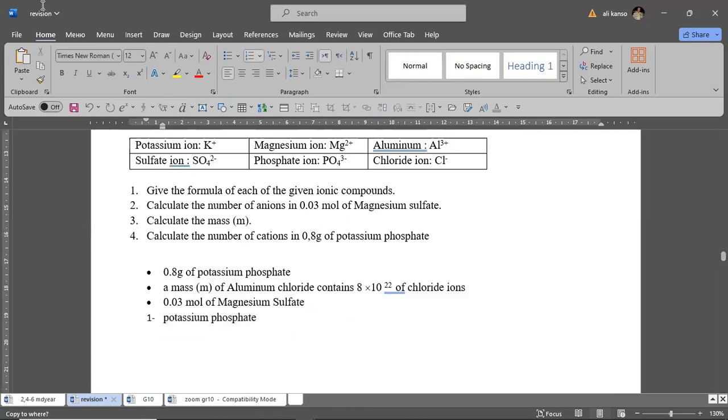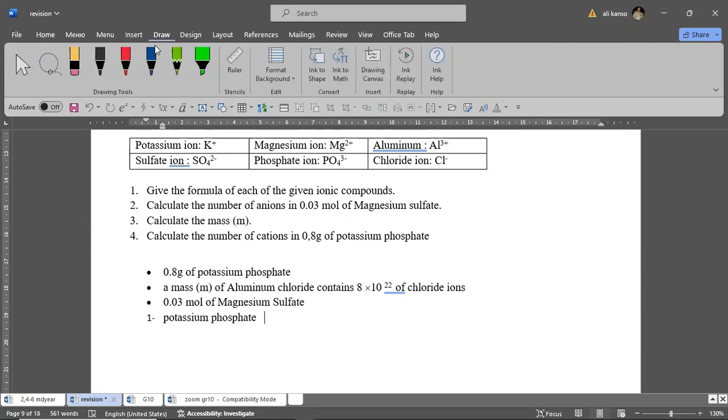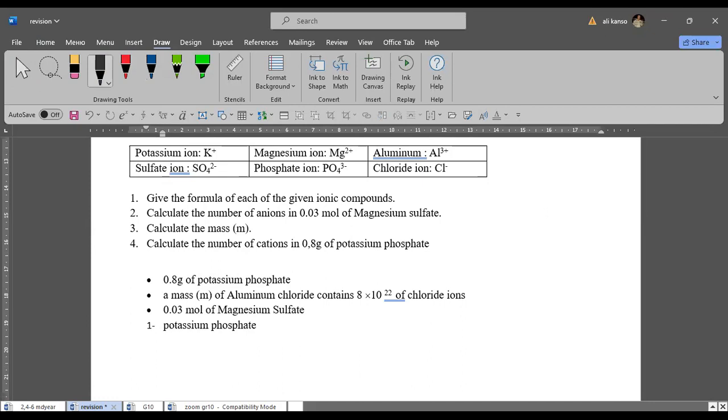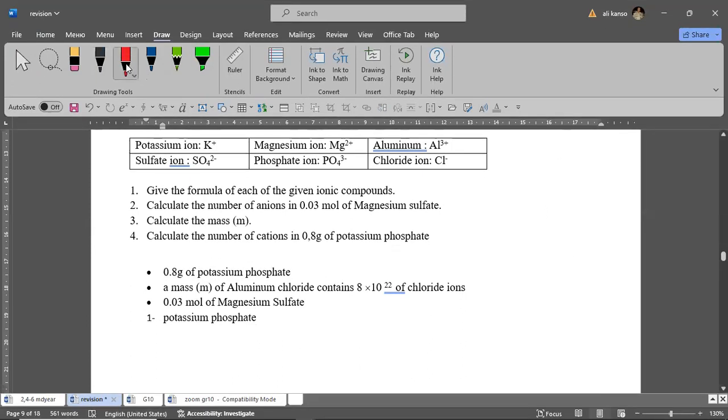Potassium is given as K plus, and phosphate is also given as PO4 3 minus.